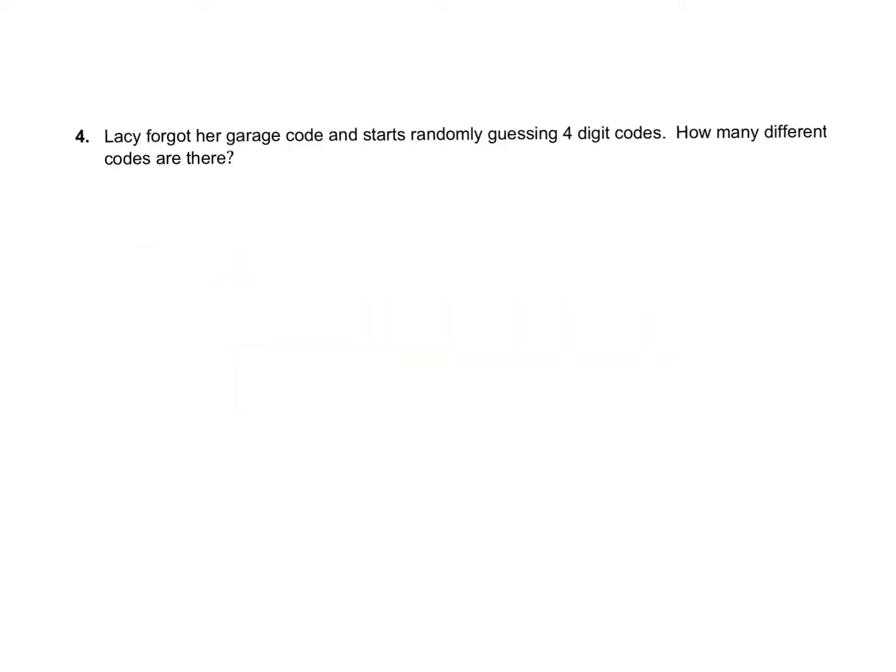All right, so Lacey forgot her garage code, and starts randomly guessing a 4-digit code. So her garage code is made up of 4 different numbers. Now, it doesn't say that we can't use a 0. So we have a 0, a 1, a 2, a 3, a 4, a 5, a 6, a 7, 8, and a 9. So if I count up all those numbers, I have 10 numbers that I get to pick from. And there's nothing to say that I can't use a digit over and over again.